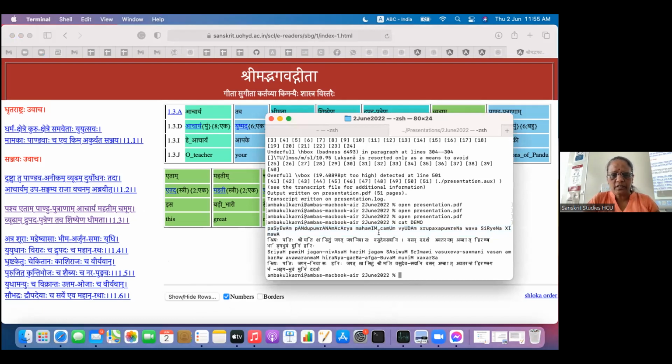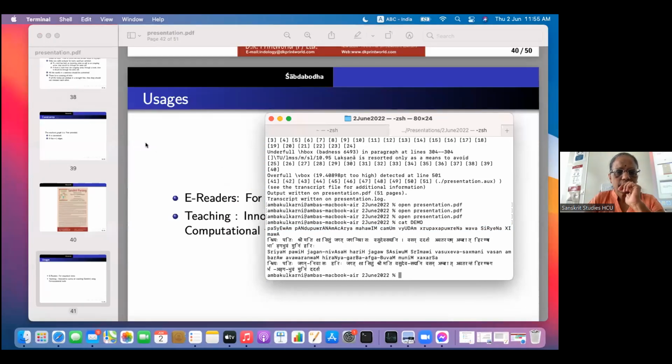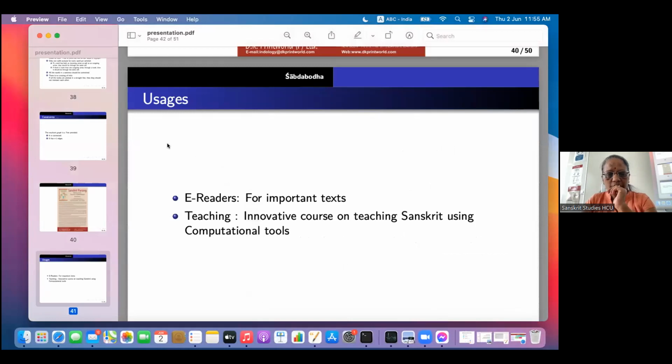So several such e-readers we have developed. So far we have e-readers for Sankshipta Ramayana, the first 100 shlokas of Ramayana, a few shlokas of Mahabharata, then Bhagavad Gita, Shishupala-vadha, which is a poem by Magha.